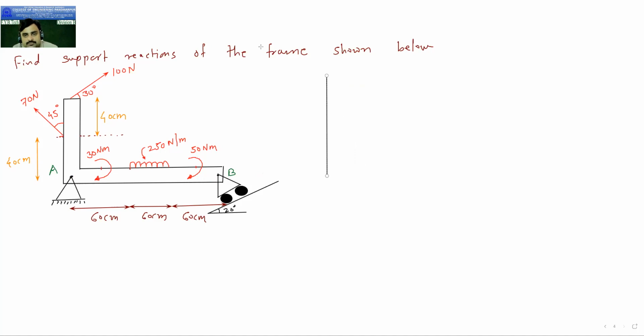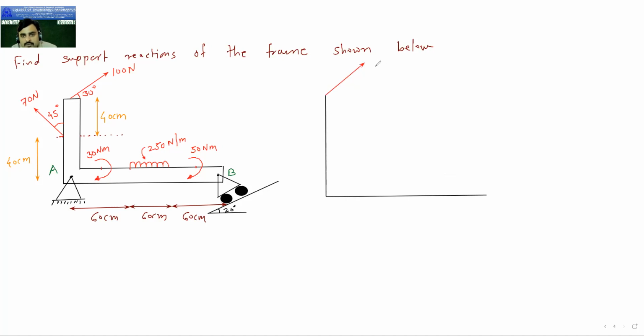And then here it is, this horizontal part of the frame. I will take it somewhere down so that we will get some space. So here now a load is given at this point in this way.